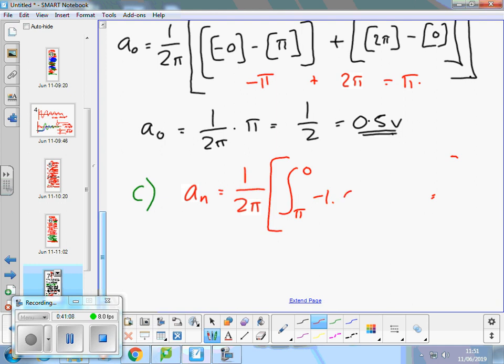That should be minus 1 cos t dt plus the integral between 0 and pi of 2 cos t dt as well.